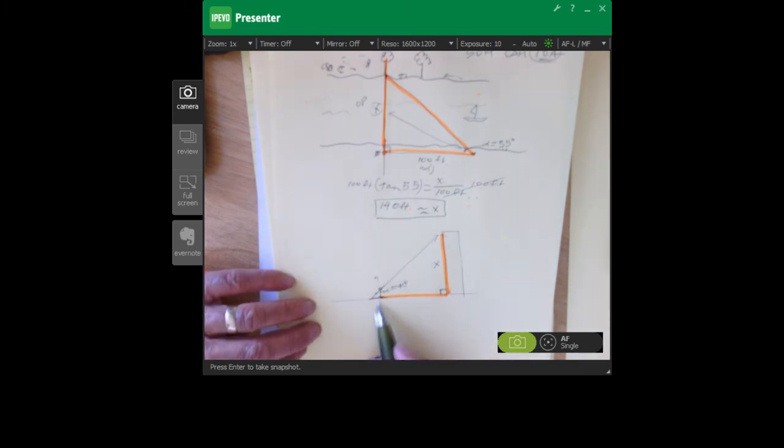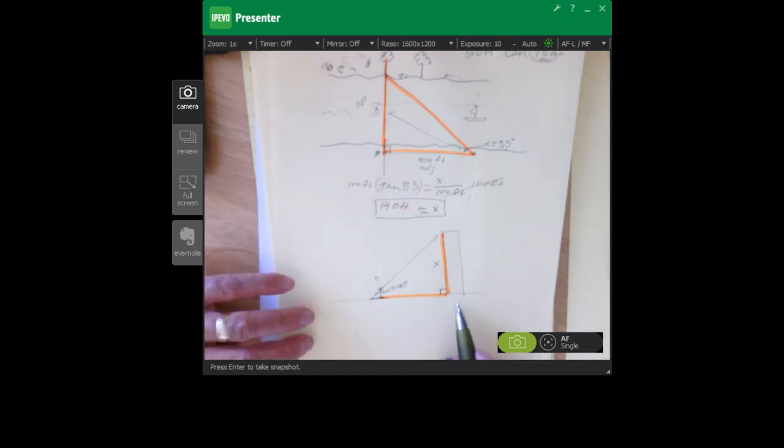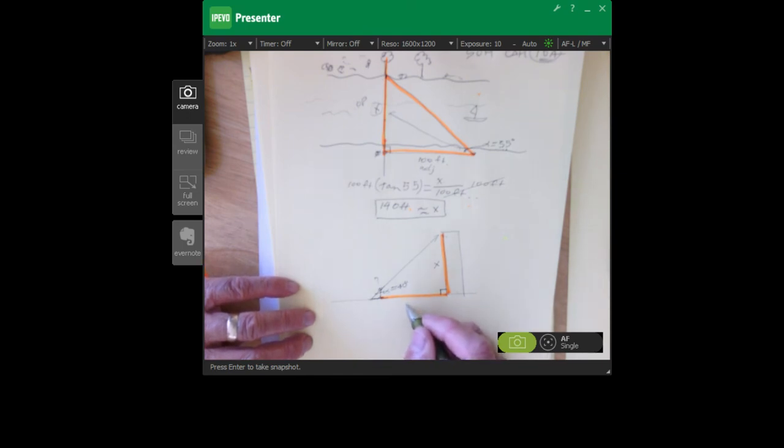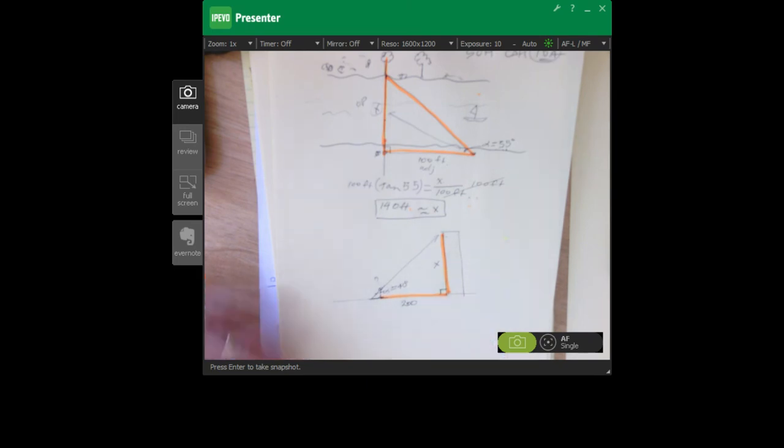Would it be possible to find out how far away from the building you are? Sure, you could measure that off. How accurately you measure that will determine how accurate your estimate's going to be. But let's say you have a really long tape measure, and you can measure this as 200 feet from that distance to that distance. Okay, so what do we have?